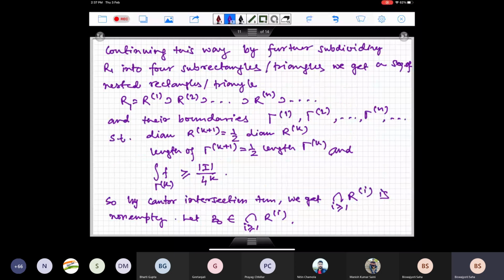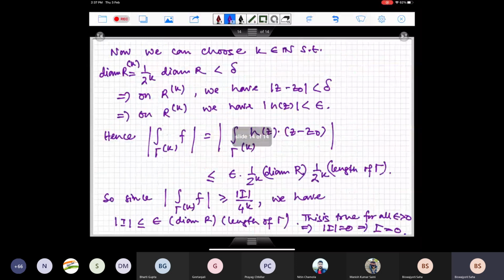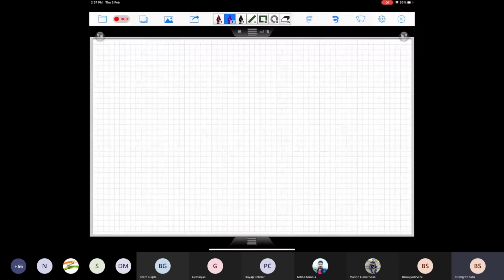Yes, sir. Okay. So now what I am going to do is show something. I was talking about primitives, right? We have seen that if a function has a primitive, then the integral is equal to 0.